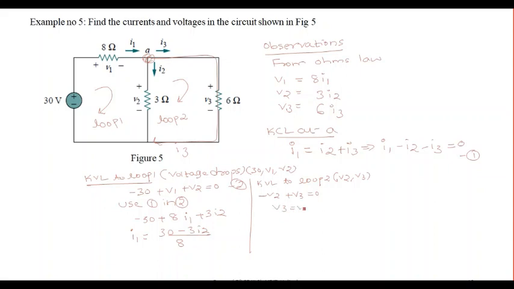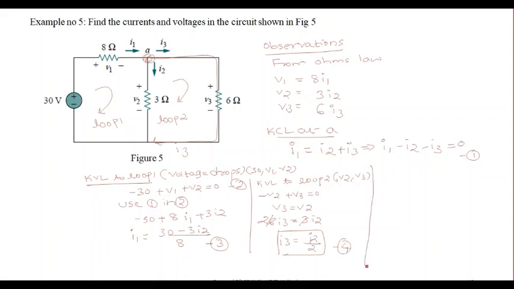Using the definitions, V3 is 6 I3 and V2 is 3 I2. So you can define I3 as I2 divided by 2. Let me call this equation 3 and this one equation 4.